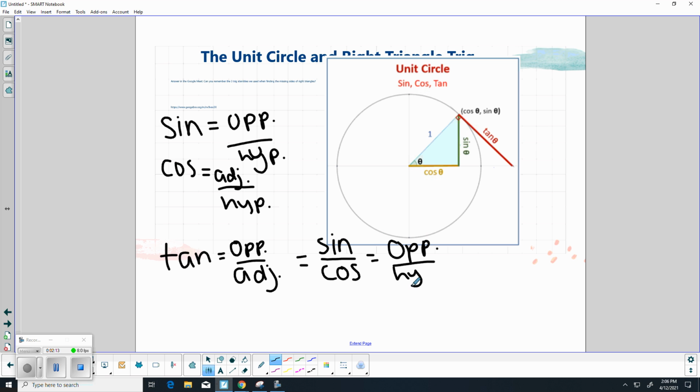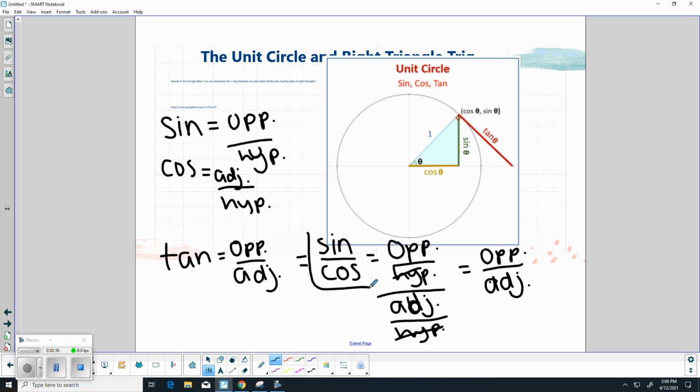Hypotenuse over adjacent over hypotenuse, and your hypotenuse will cancel out and give you opposite over adjacent. So in short, tangent is equal to sine over cosine. That's what you need to remember for the unit circle.